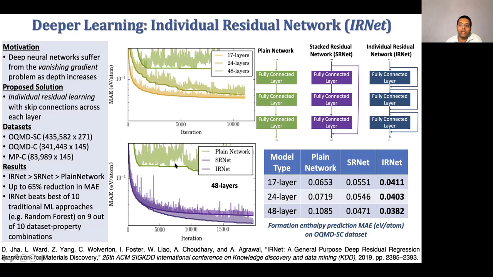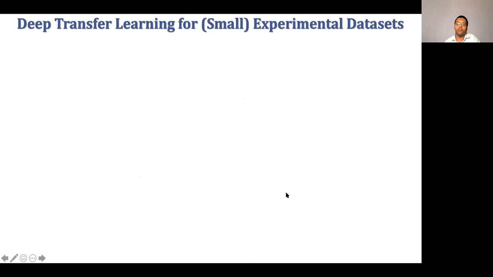And using this concept of individual residual learning, the error can drop down by almost 65%, as you see here. So this is an example of how you can enable deeper learning when you have big data. For example, here we have hundreds of thousands of data points, so we can do that. And this was presented last year in KDD, which is the topmost conference of data mining in computer science. So that's what you do when you have big data available.